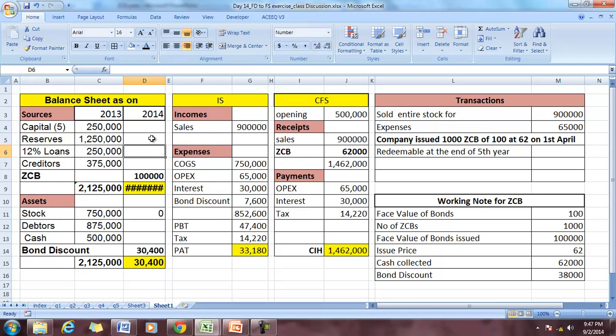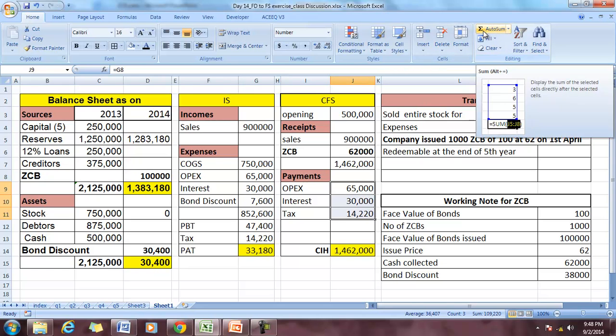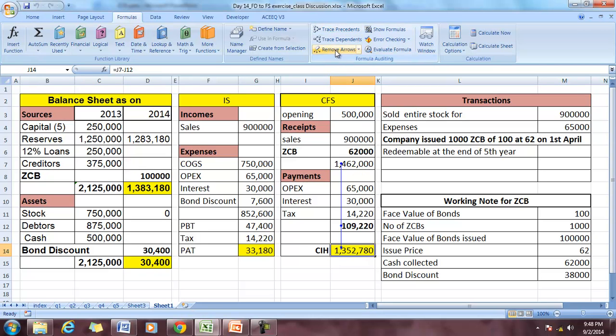And we'll find the cash in hand, which is cash available minus the cash payments, and cash will be shown on the balance sheet as an asset. No change in the debtors, no change in the loan, no change in the creditors, and no change in the capital. So the balance sheet tallies.